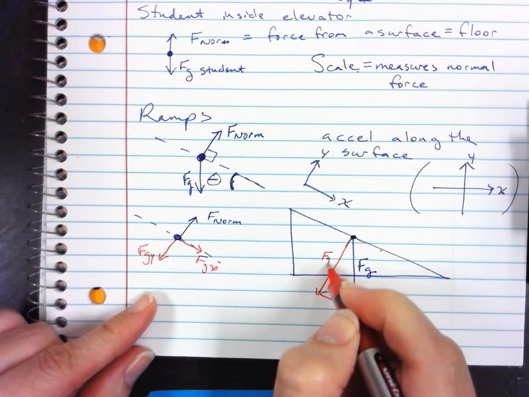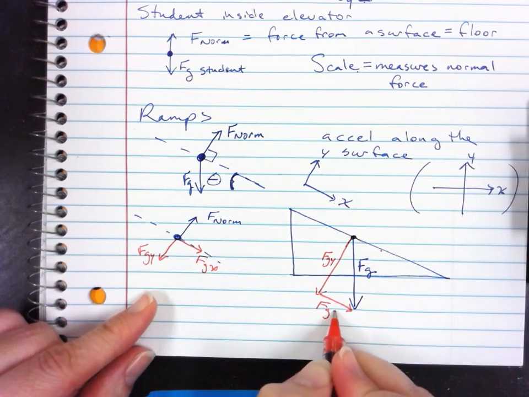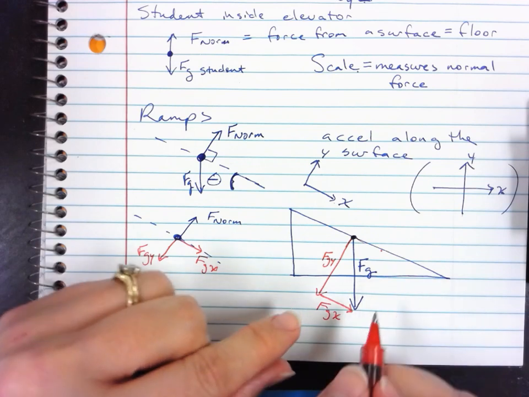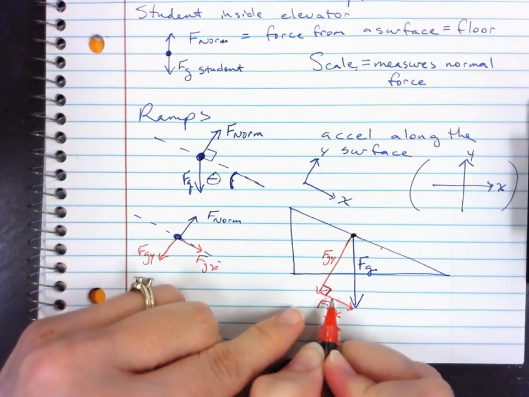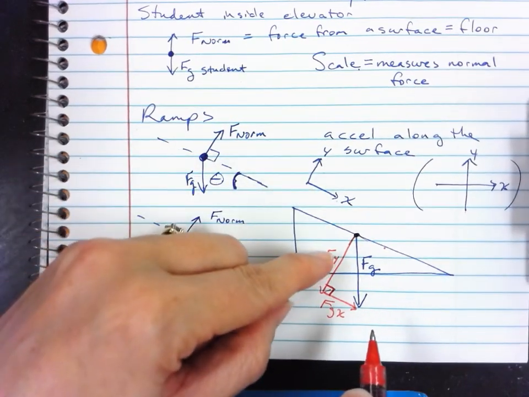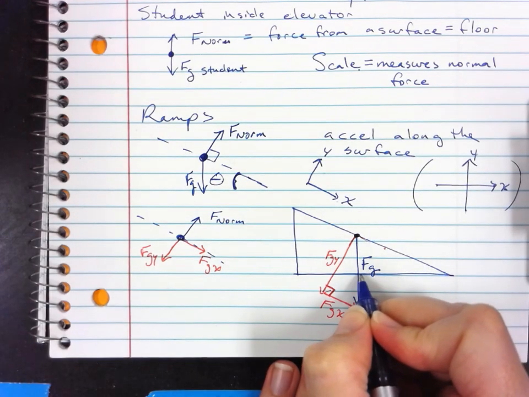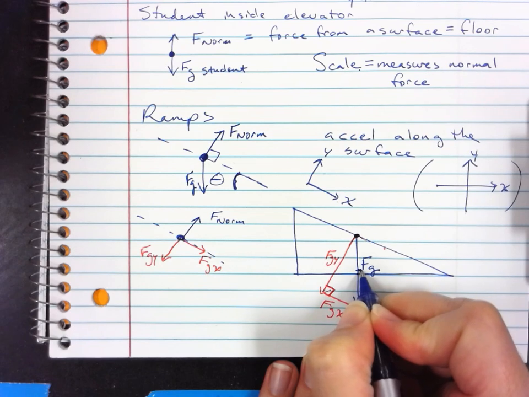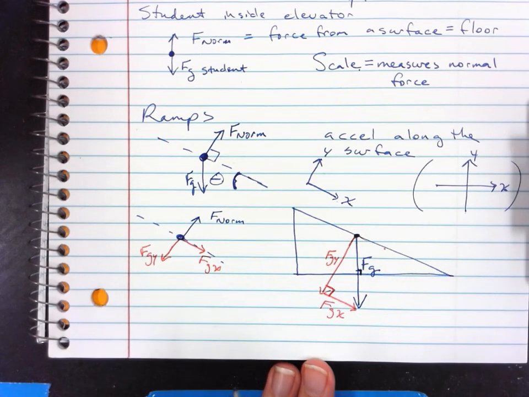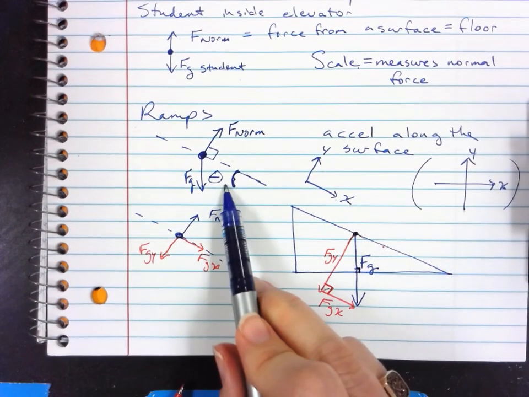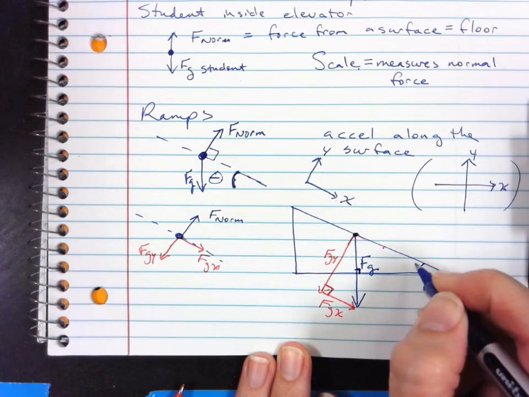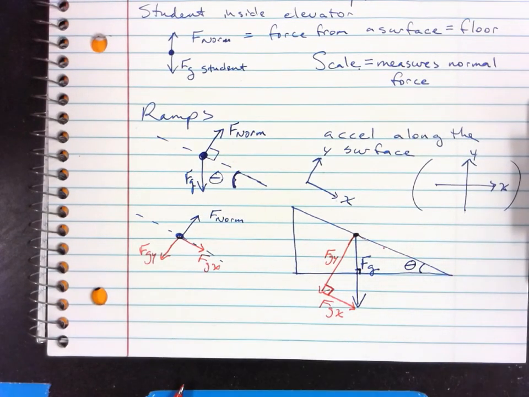So this is FGY, and this is FGX. These are perpendicular to each other by definition. Also, force of gravity is perpendicular to the ground, again, basically by definition. Now we define ramps to have the angle from the horizontal, this theta.